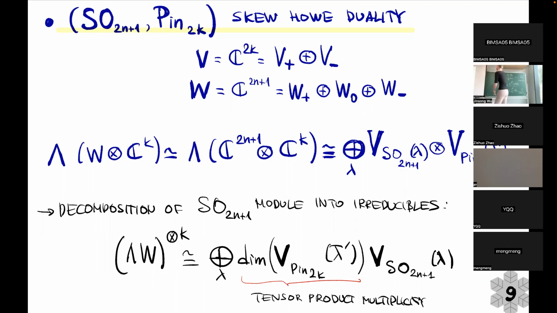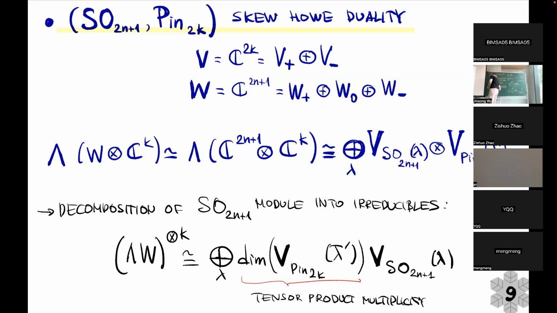Okay, so now you take a look. It kind of looks the same as our problem, only here we have the spinor module, and here we have the exterior algebra of the fundamental of the standard module.